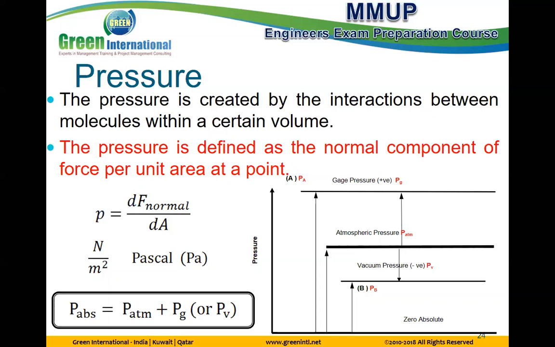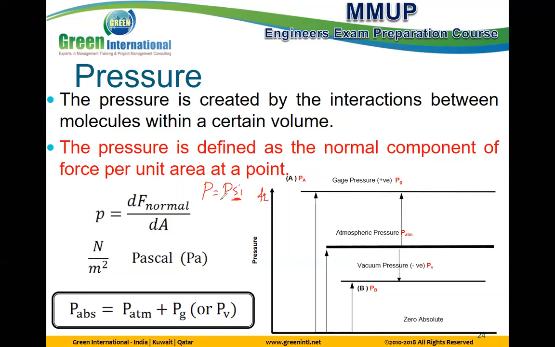Be careful, because they play a lot with British units. If the question gives a unit for regular pressure in British, it is PSI. What is PSI? Pound per square inch. And normally the unit used in the equations is feet.